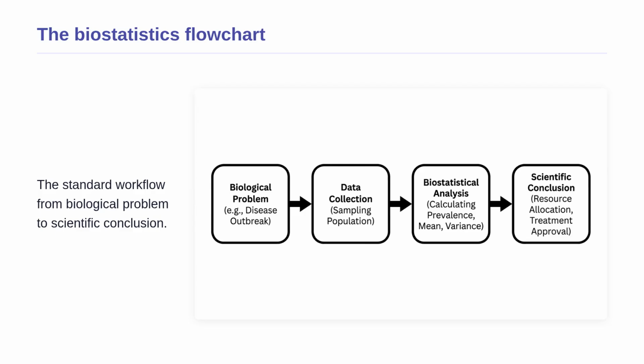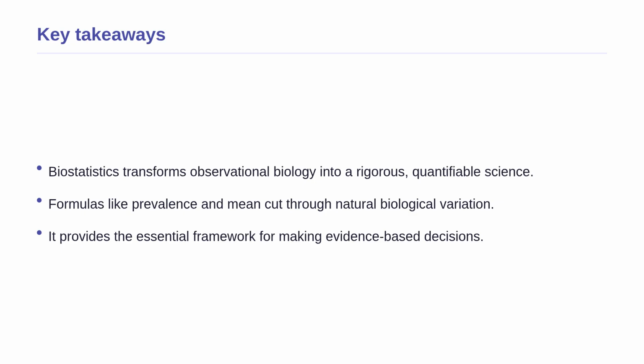We have covered a lot of ground today, so let us summarize the most important ideas from this topic. First, biostatistics is the essential tool that transforms observational biology into a rigorous, quantifiable science by cutting through natural variation.